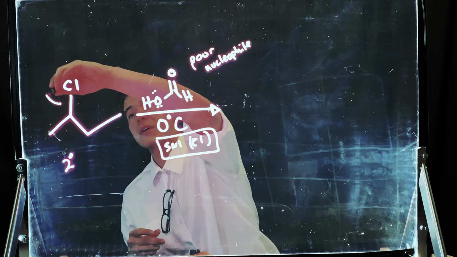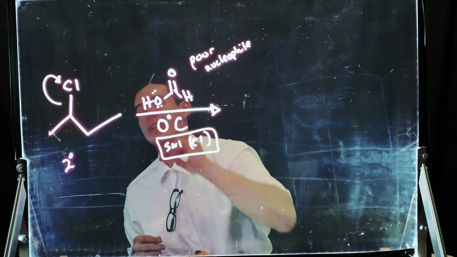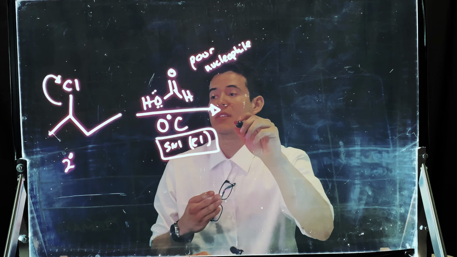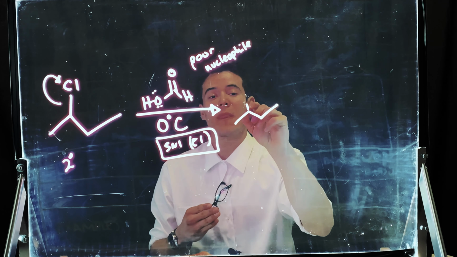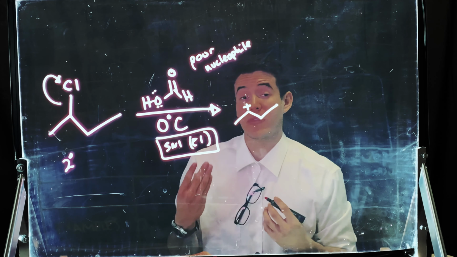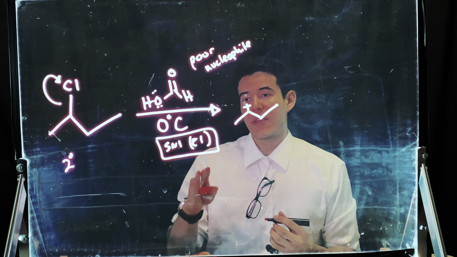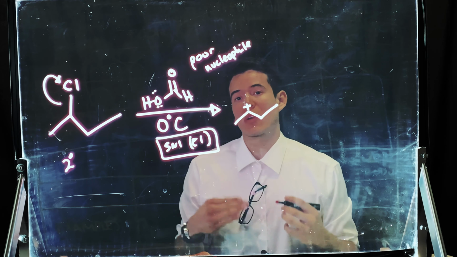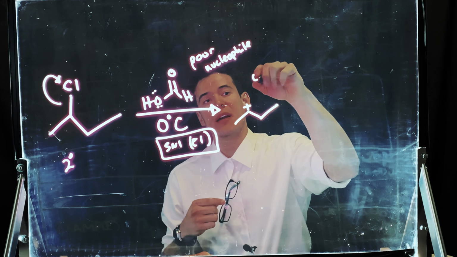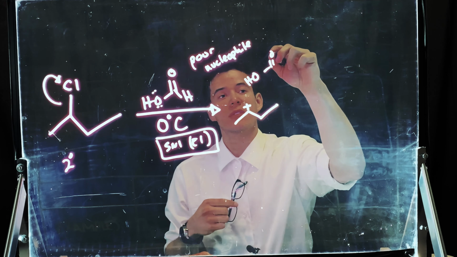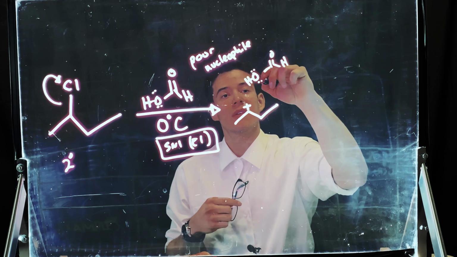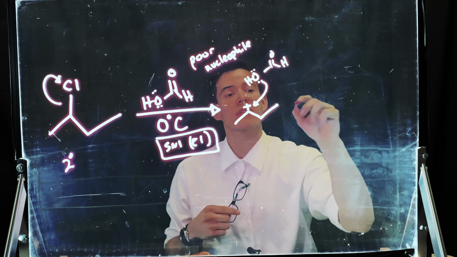Well, the first step in SN1 and E1 formation is to give us a carbocation. That's always going to be our first step. Now, if we do the SN1 style product, we can take our OH and react it right here.